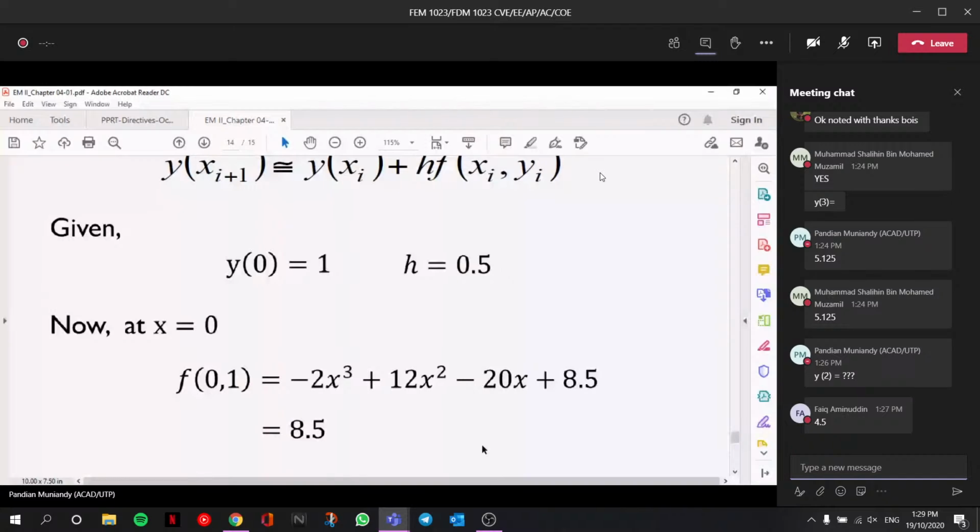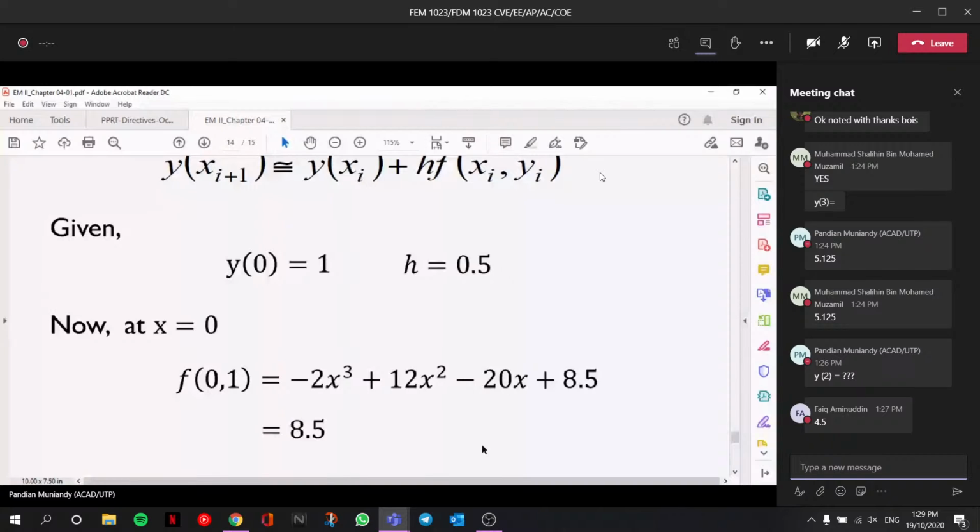So 8.5 minus 30 plus 27 minus 6.75. You get minus 1.25.